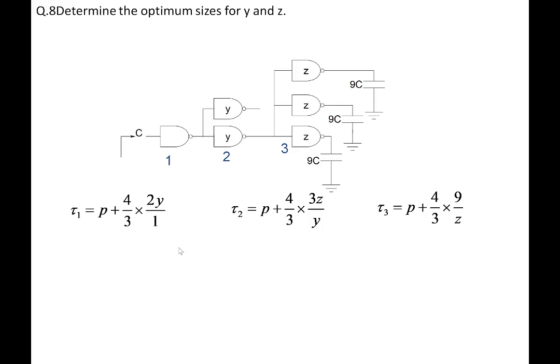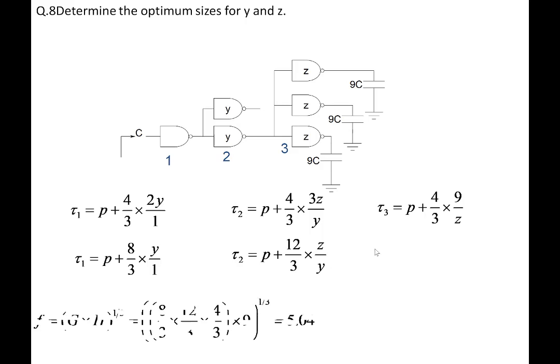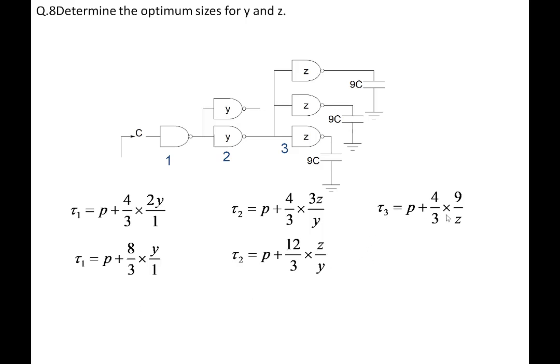Will you go ahead and do all the derivatives, or is it very easy to cast it in a different form? See, we have the result for what? If I take this and write it in this form, P plus 8 by 3 into y by 1, P plus 12 by 3 into z by y, this is in the same form.